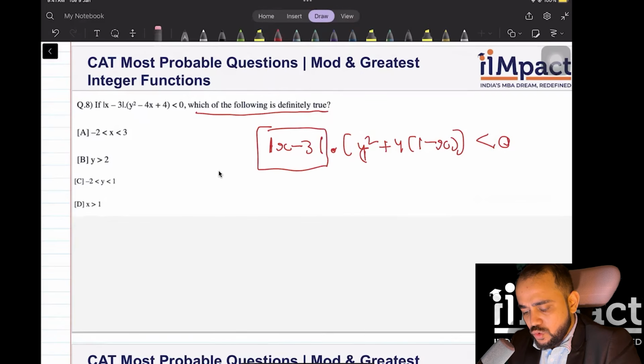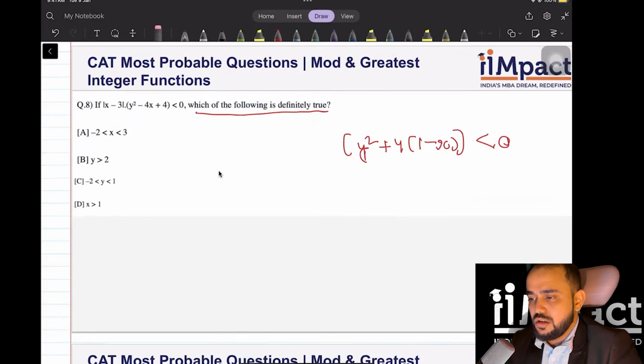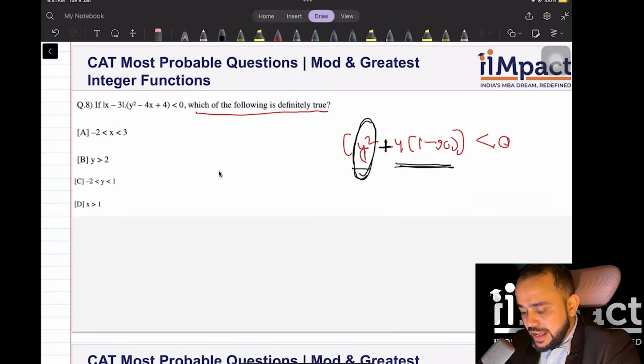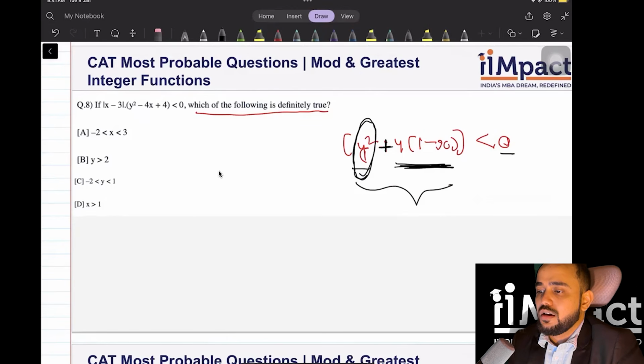So do I even need to consider this? No. I want to find something which is negative. Now I have y square plus 4 times (1 minus x). y square is always going to be positive, which means that the thing that I am adding to y square has to be negative, and it has to be so negative that the sum turns out to be negative itself, which means that 1 minus x has to be negative. And when is that possible? When x is greater than 1.